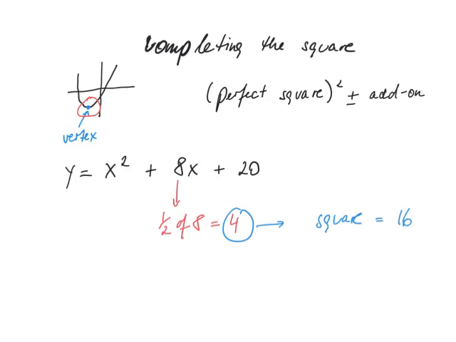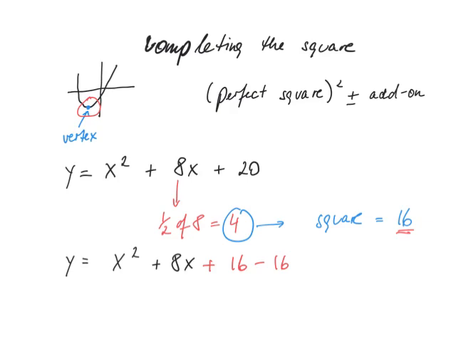Okay, and then I rewrite the top. So I write x squared plus 8x. And then I take this 16 and I add it on, and then at the same time I take it away again. That way we're not actually changing anything about the equation.